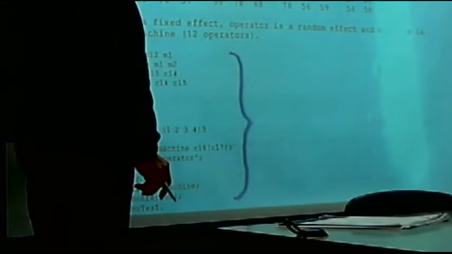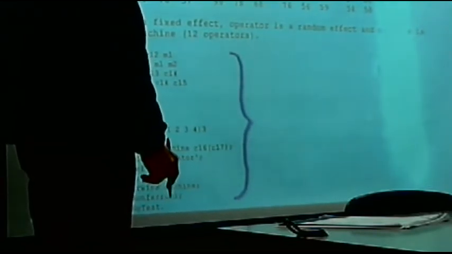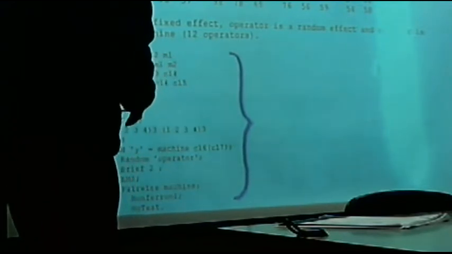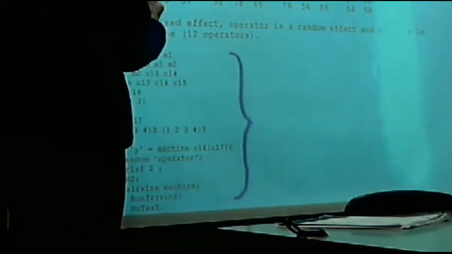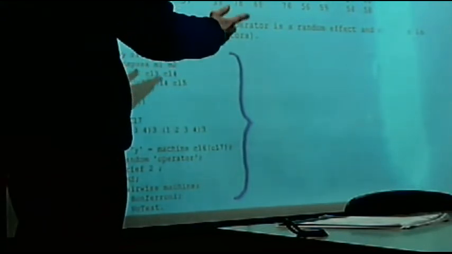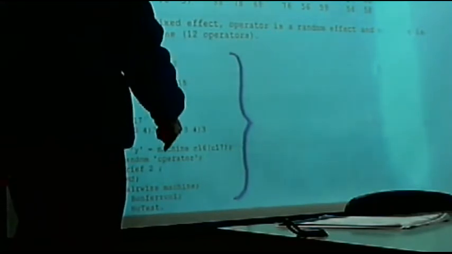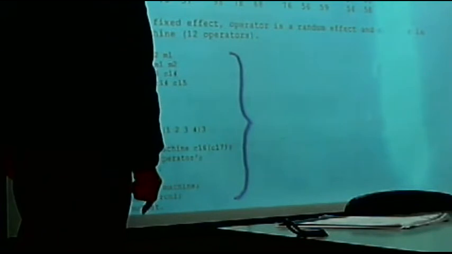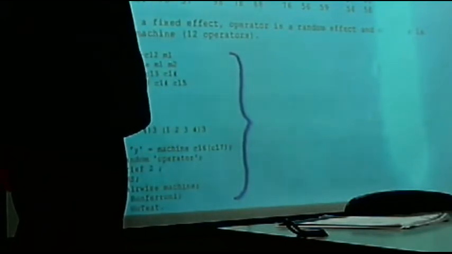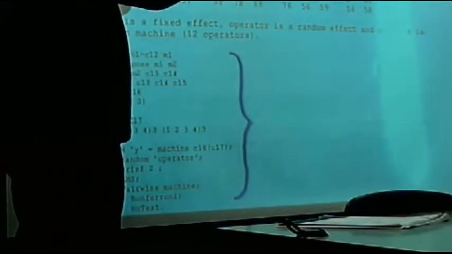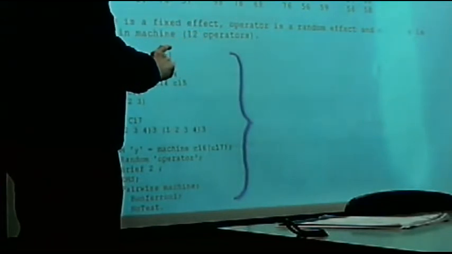Set C16, 8 parentheses 1, 2, 3. I think the syntax goes, I'm going to set some numbers in C16. The numbers are going to be 1, 2, 3, and I want them to repeat in a certain pattern. So I put 8 parentheses 1, 2, 3. Now I think what that's going to do is put 1, 2, 3, followed by 1, 2, 3, followed by 1, 2, 3, and keep doing that 8 times.